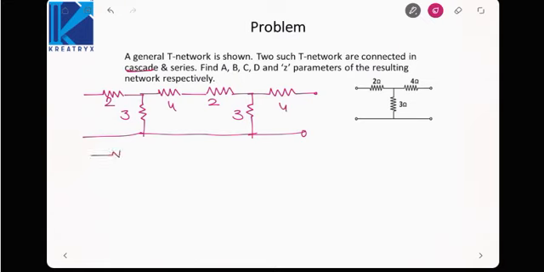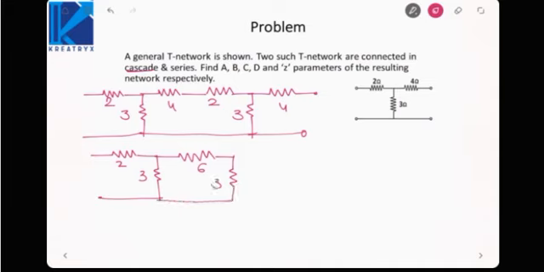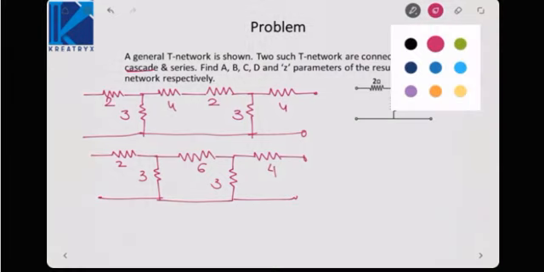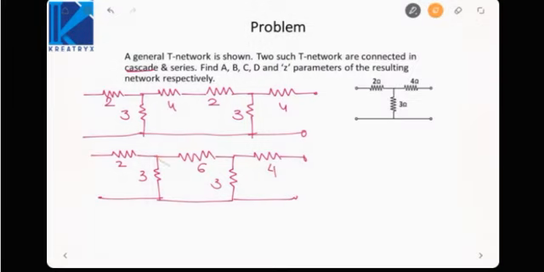That means this network will become 2, 3, 4 and 2 in series will become 6, then 3, then 4. Now we know the Z parameters of a T network. So to make it a T network, let us convert this pi, or delta, into star. Let me call it Z1, Z2, Z3.